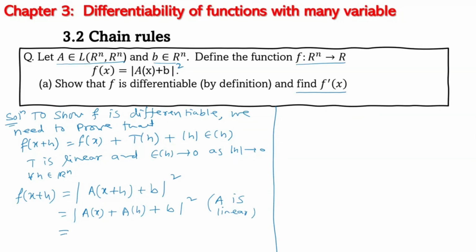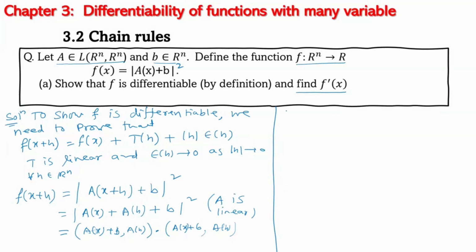We can write this as the dot product of (ax plus b plus ah) with (ax plus b plus ah).